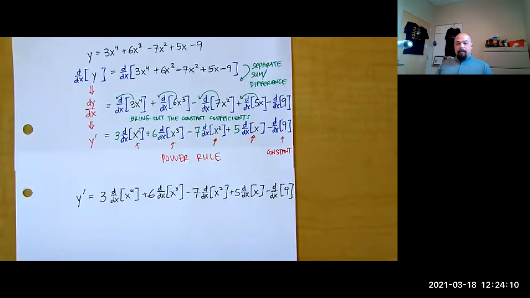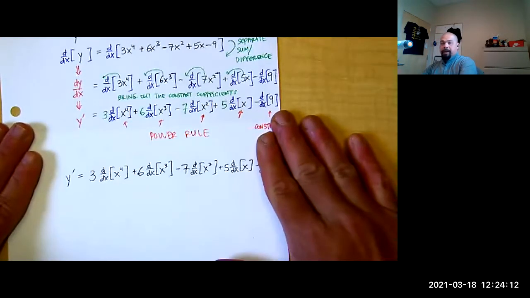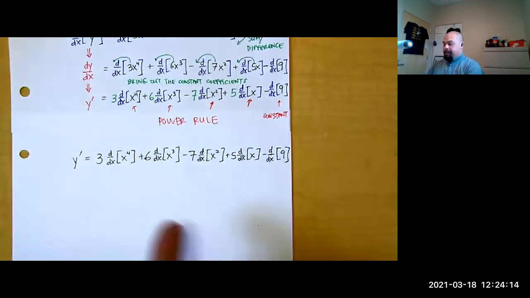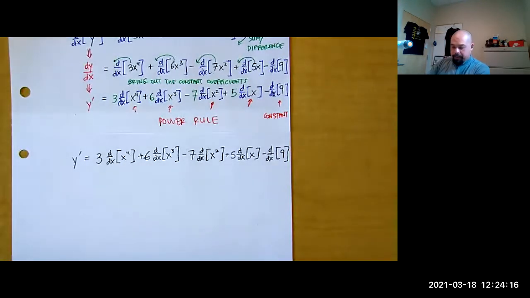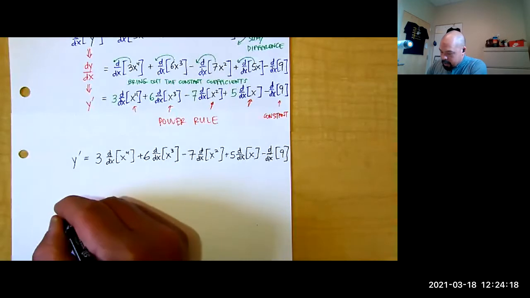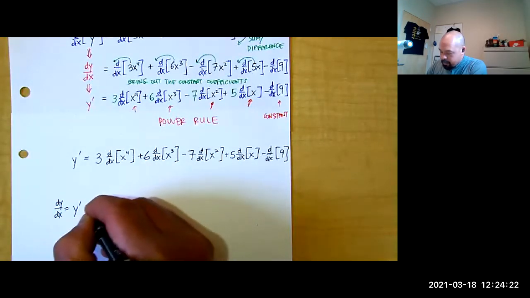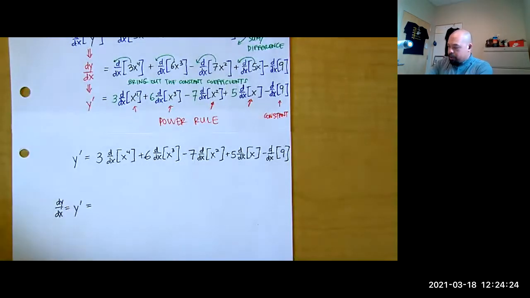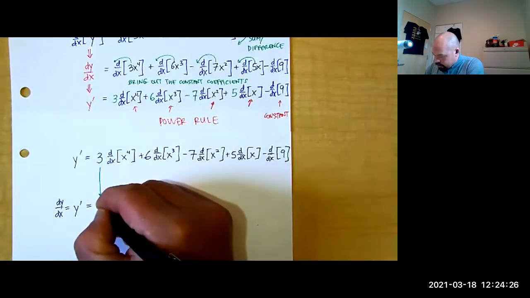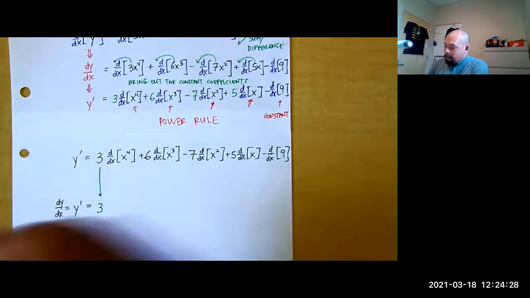Copying that down. And like we mentioned, the power rule: my dy dx or y prime is going to be equal to 3 up front. Now the power rule.